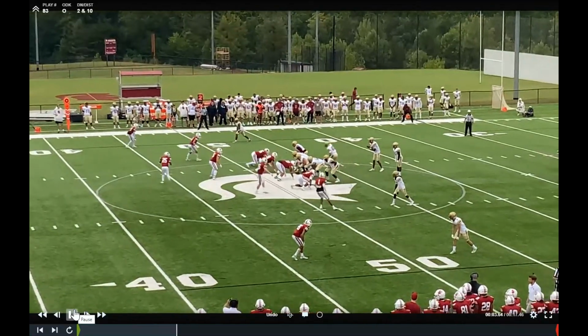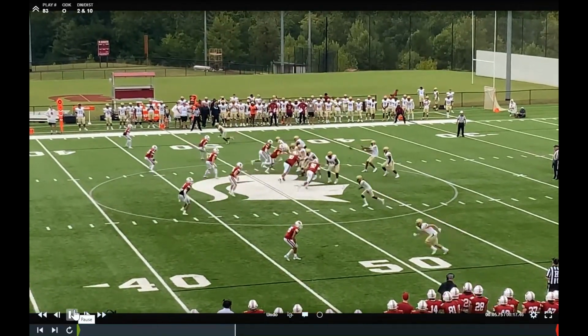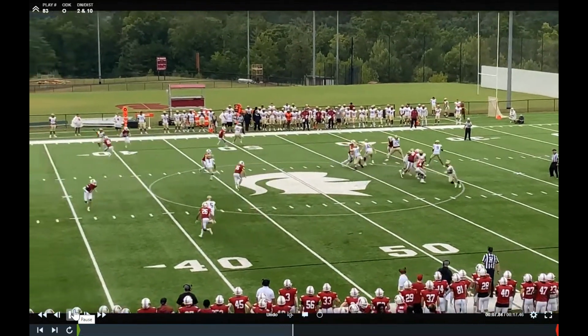On this second play, we're going to key the second receiver on the near side as he crosses the middle of the field.